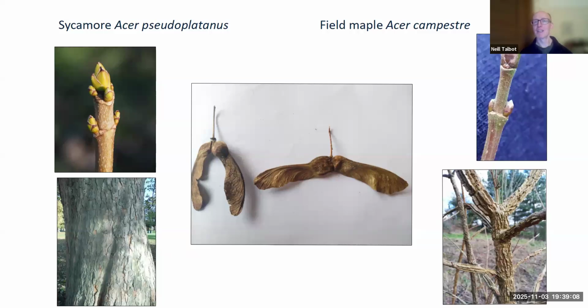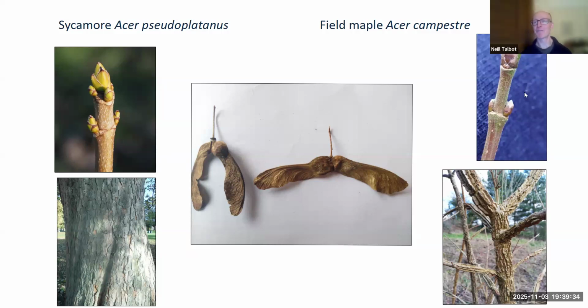They both have opposite buds, so the lateral buds are opposite each other. On the sycamore, you've got these big fat green buds with quite pale scales on them. The terminal bud, like the ash, is very much larger than the lateral buds.